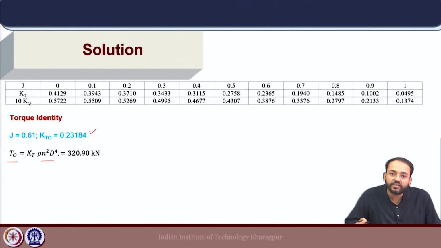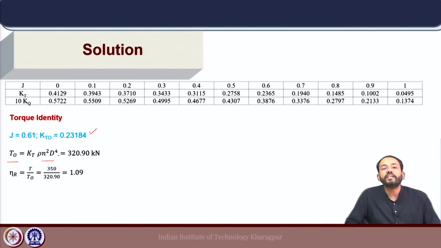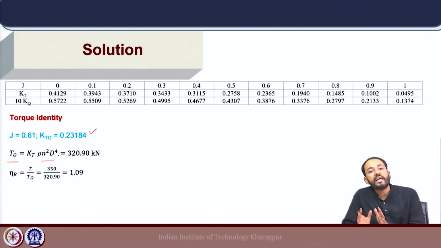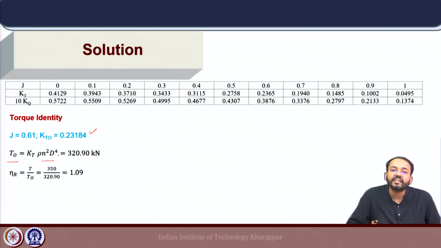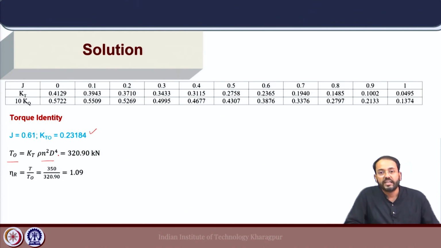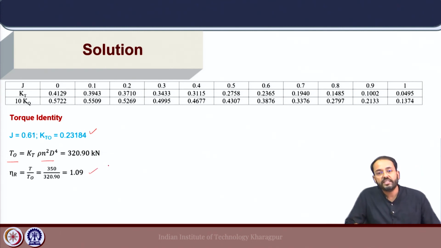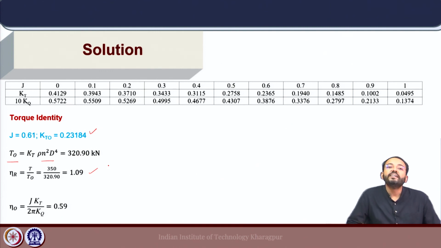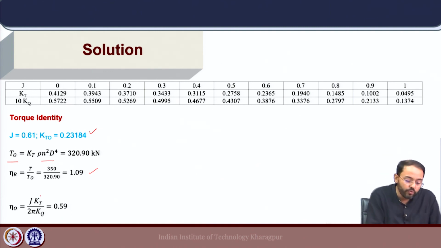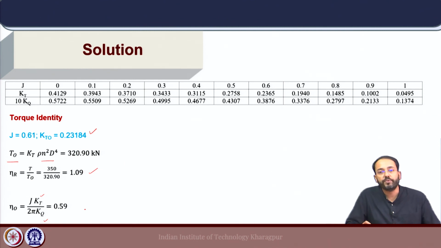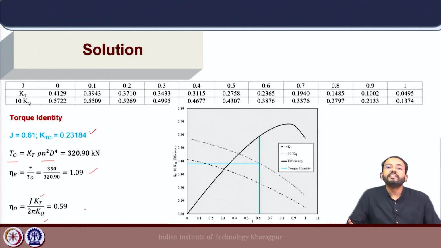This is under the torque identity, and we see that now the relative rotative efficiency, because we have assumed torque identity, eta R will be expressed as a function of the behind hull thrust divided by the open water thrust, and we have a slightly different value of relative rotative efficiency here. And finally, the open water efficiency, once we know KT and KQ, can be computed. So, this is the result from torque identity.